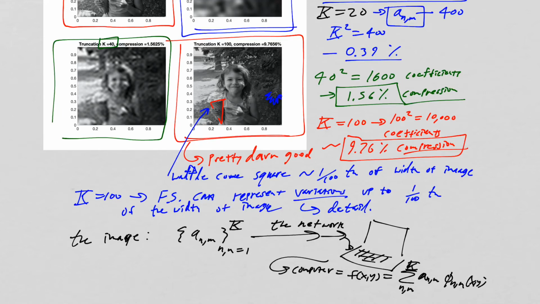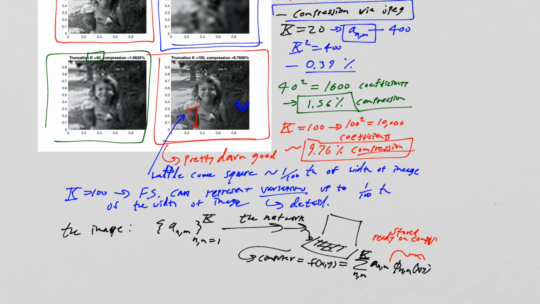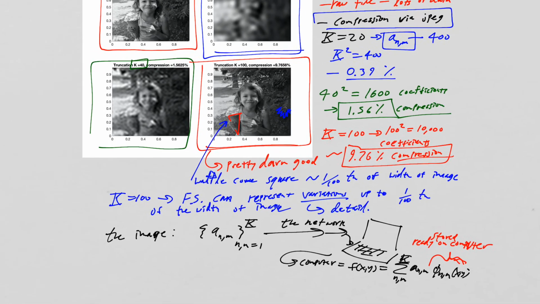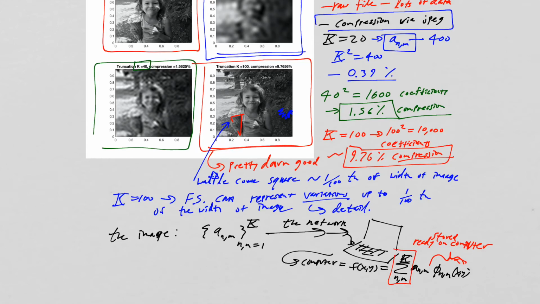These Fourier functions are basically stored ready to go on the computer, and there's a very efficient way to sum them.